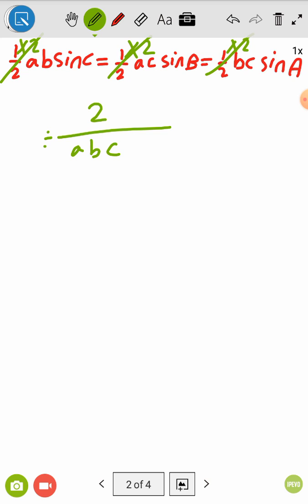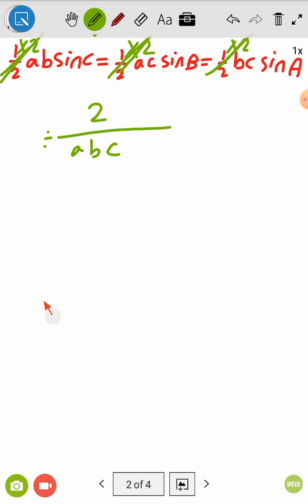So if you multiply by 2 you will cancel the half, and then you will divide by ABC. So the first fraction will be AB sine C over ABC, the second AC sine B over ABC, and the third BC sine A over ABC.